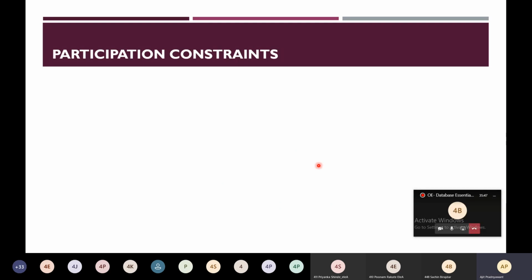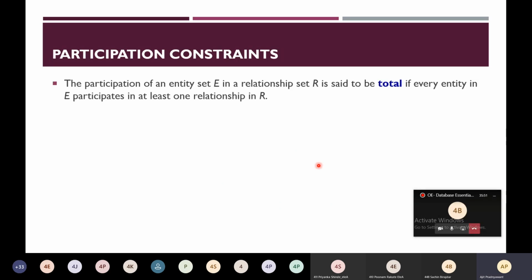So next point is participation constraints. What is meant by participation constraint?